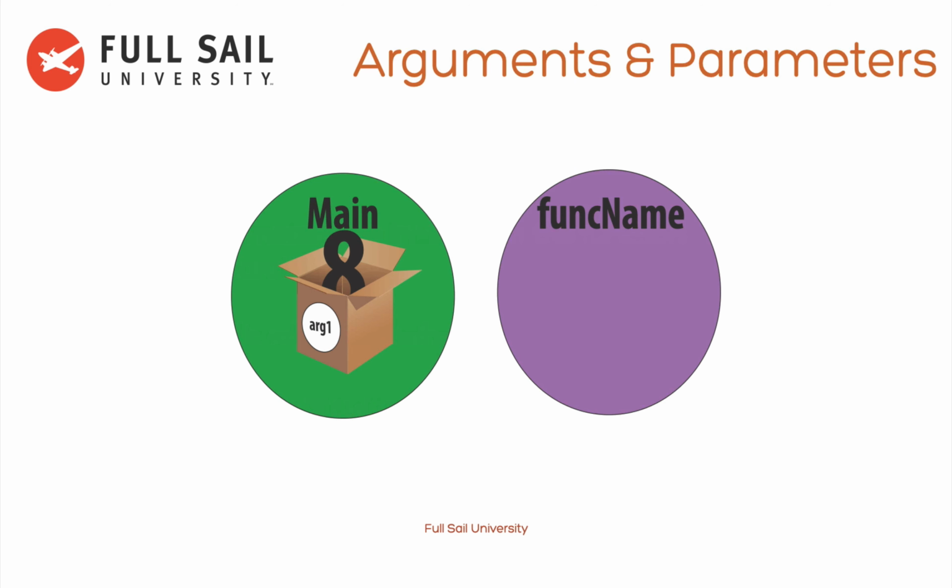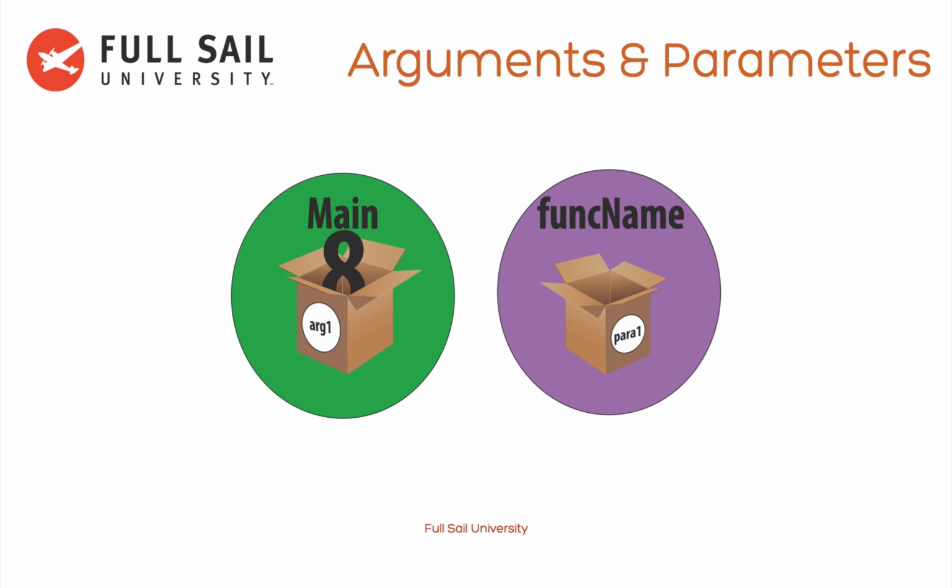And when we actually have the function definition of function name, we're going to set up a parameter, which is basically setting up a variable, and it's going to be a temporary variable, and we're going to call it para1, which is parameter 1. And any time that the function is called, the argument 1, so arg1, is going to be put into the parameter 1.